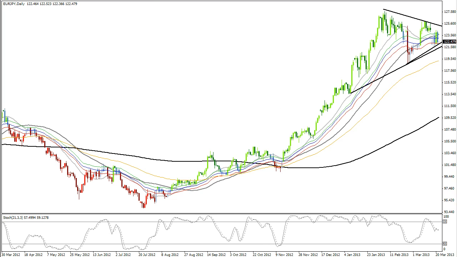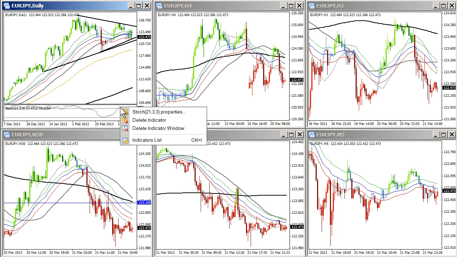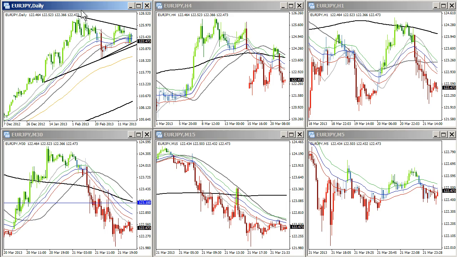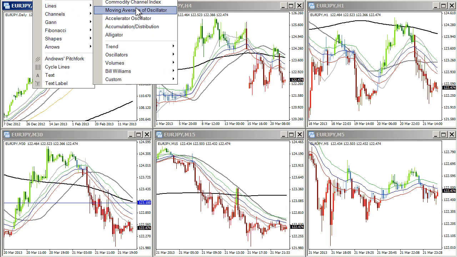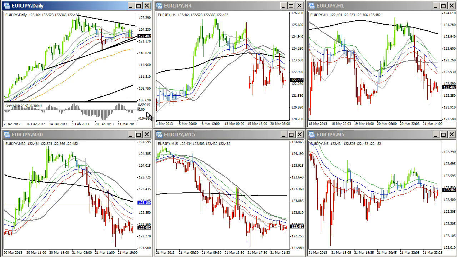Now that does not mean that I can't find a trend following opportunity for this pair. In fact, one of the things I need to do is remove the stochastics from that daily and actually utilize the MACD, because this is the tool that I'll use for momentum trading. However, it doesn't mean that there's not other opportunities we could focus on.